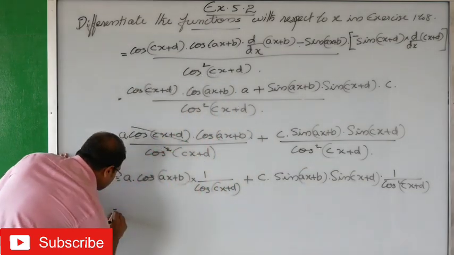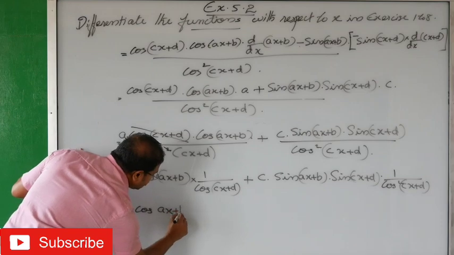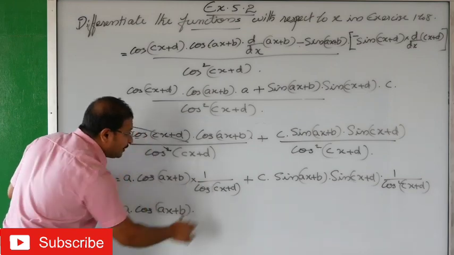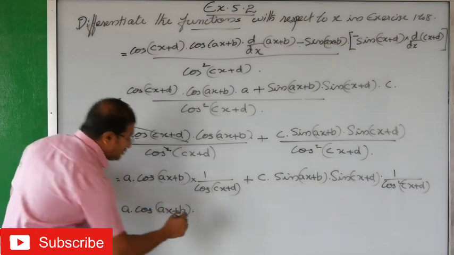So this equals a into cos ax plus b into, in place of 1 by cos theta or 1 by cos x, sec x. That means what you write?